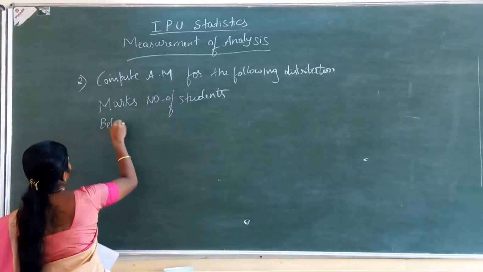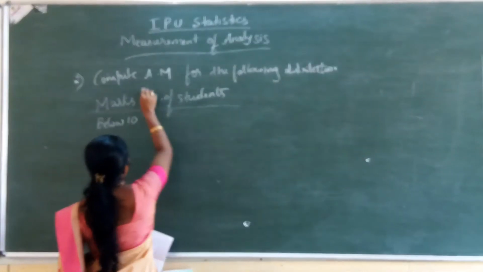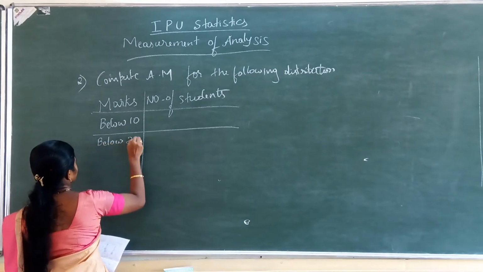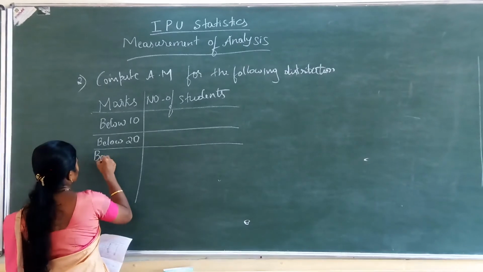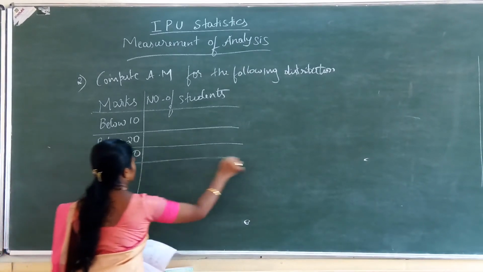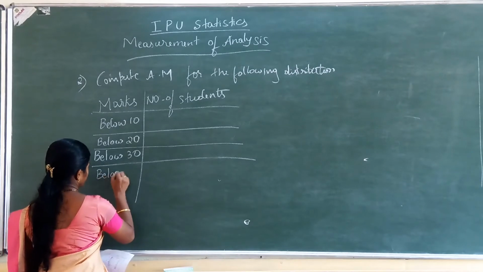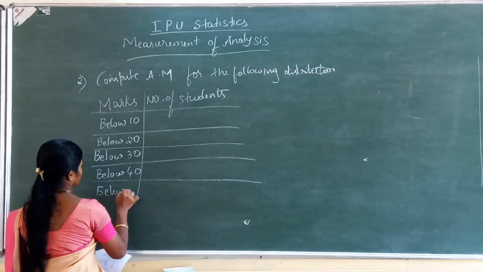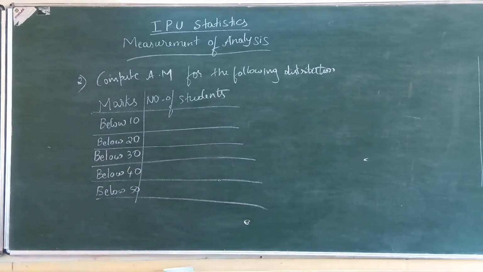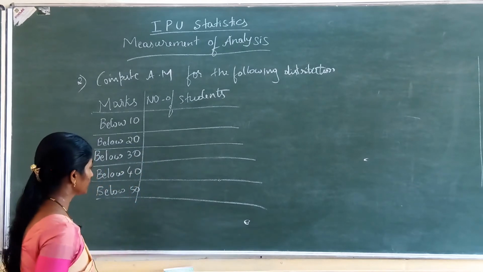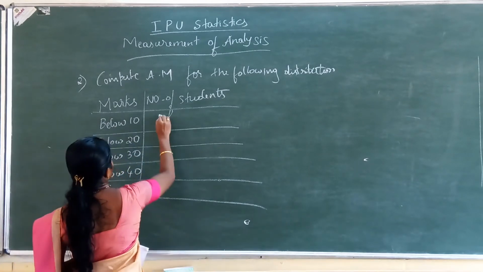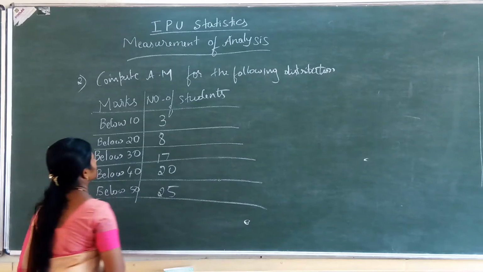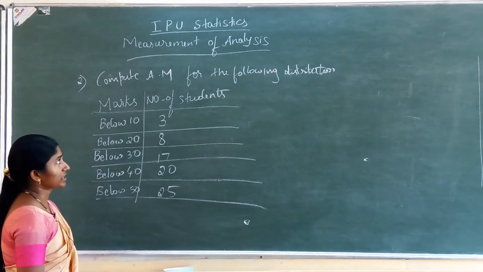Given that below 10, below 20, below 30, below 40 and below 50. These are the values given, and the number of students is also given: 3, 8, 17, 20 and 25. Values are given, marks and number of students.